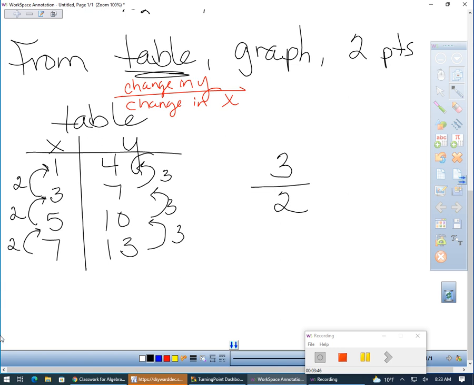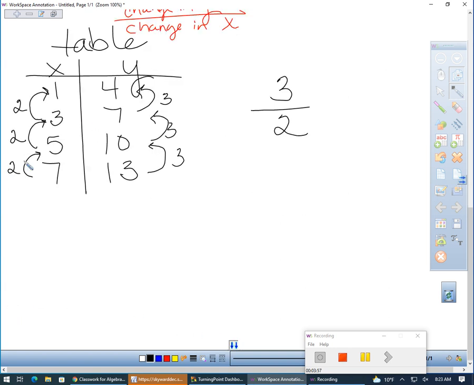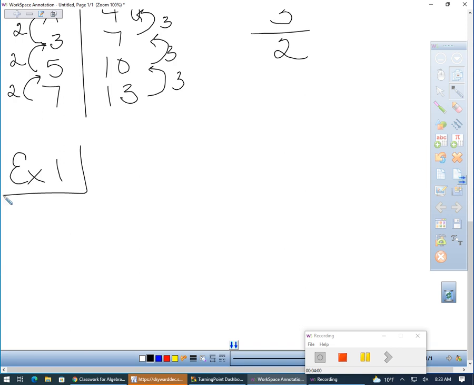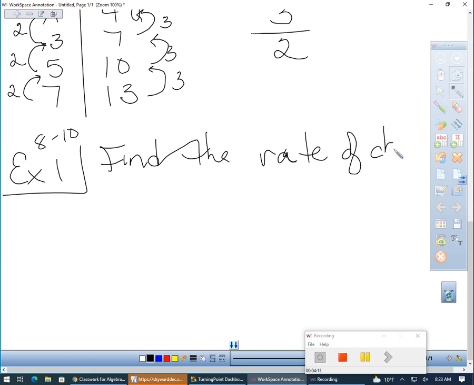All right, so here's example number 1. Example 1, which will cover the first 2 problems in your homework, 8 through 10. Find the rate of change and explain what it means.